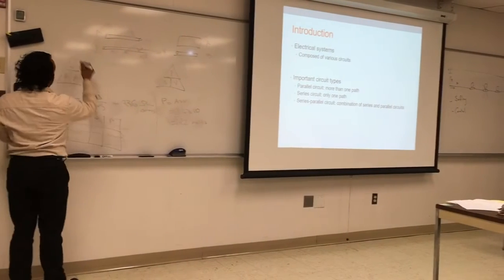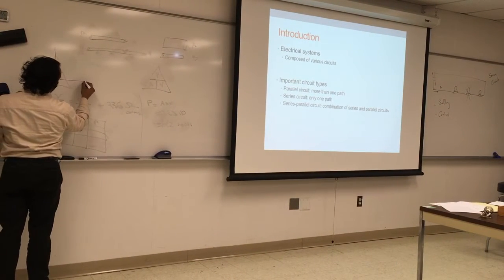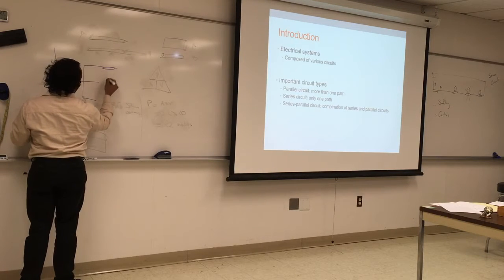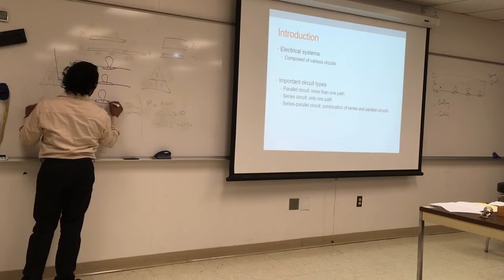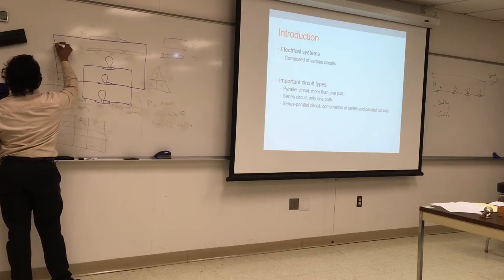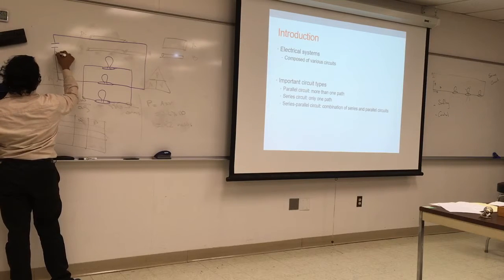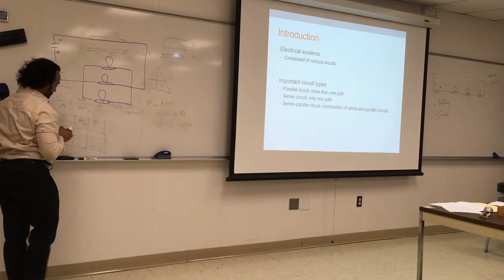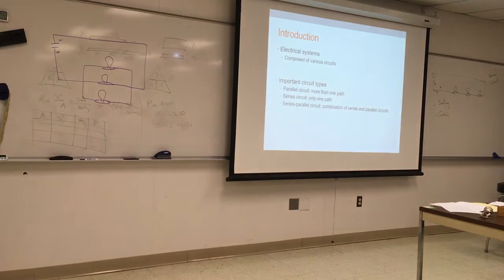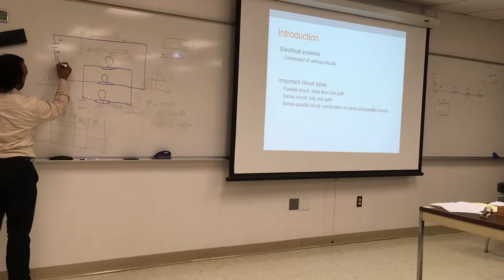I'm going to do it again, the same three light bulbs. So, from this picture, if you look at the three light bulbs, this is the current coming out of the hot line.